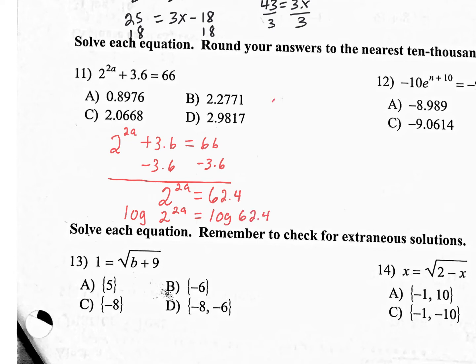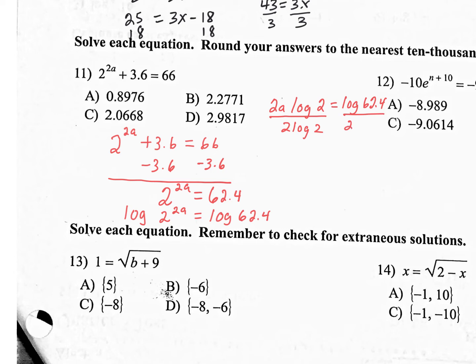So you're going to write the 2a to the side. So you have 2a times the log of 2 equals the log of 62.4.